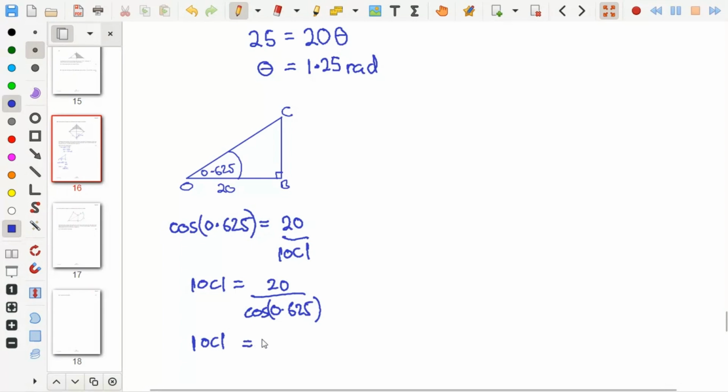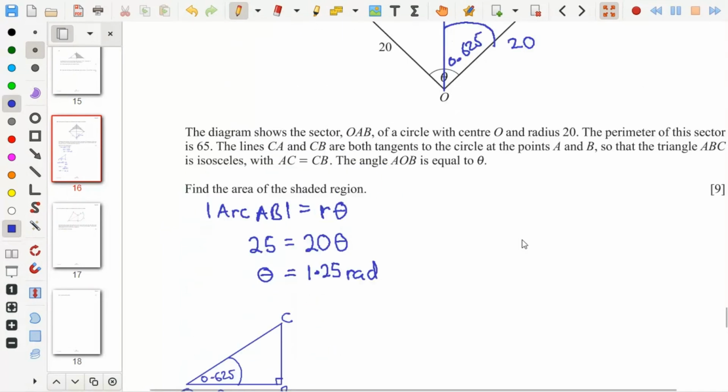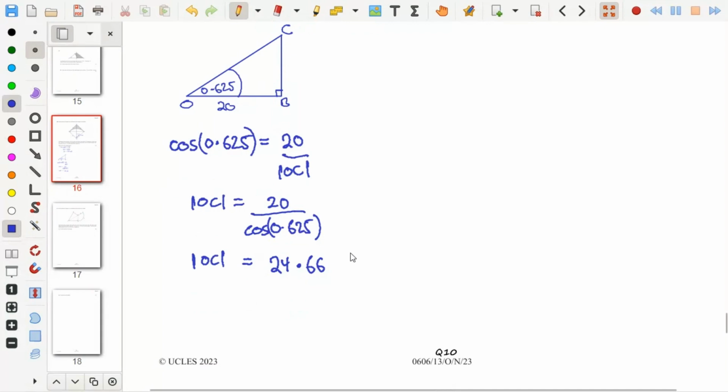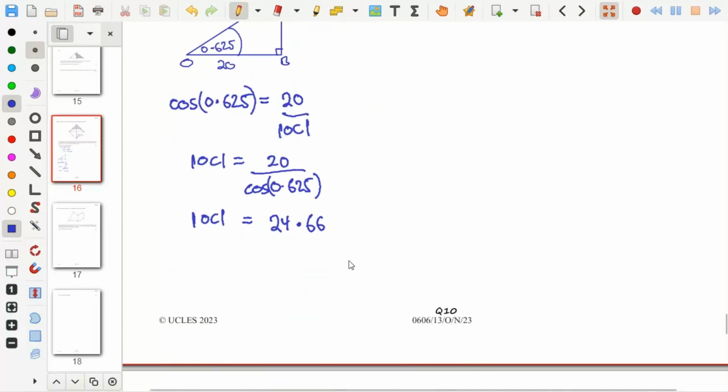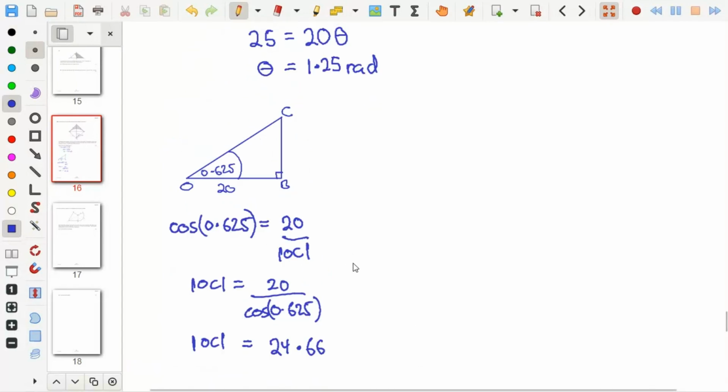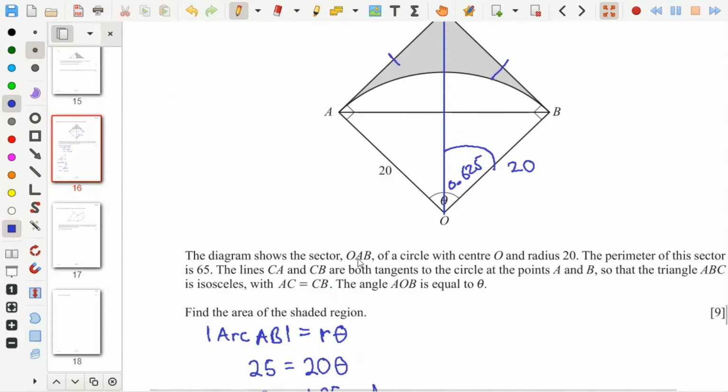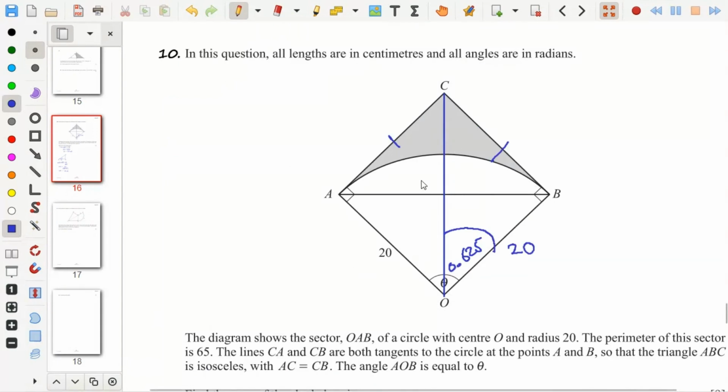So OC is giving us 24.66. You can correct it to three significant figures. So here is 24.66.